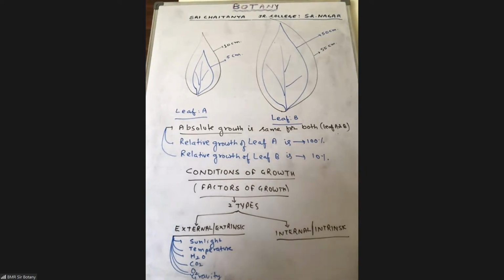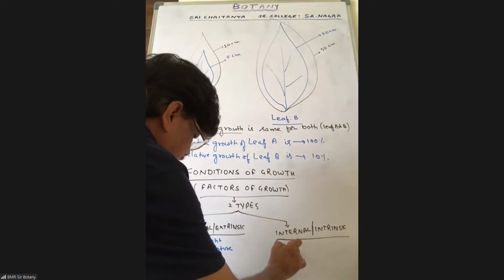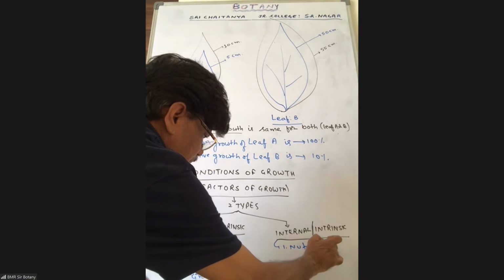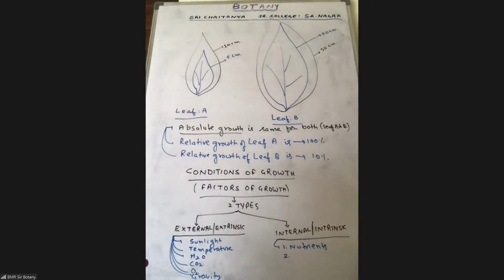That's how you have seen positive geotropism, negative geotropism for shoot, positive for root. They constitute external factors. What can be the internal or plant factors? Mainly nutrients, which include micro and macronutrients.